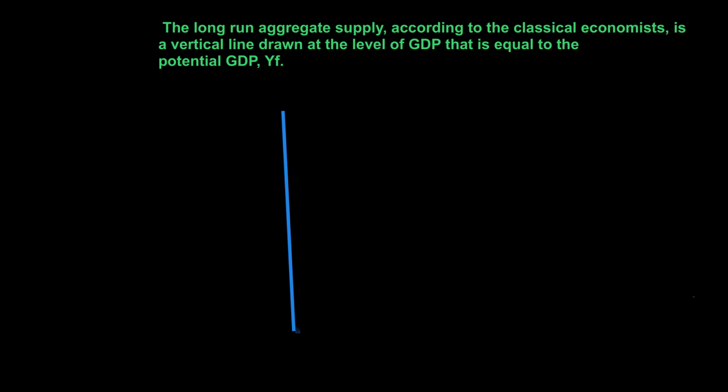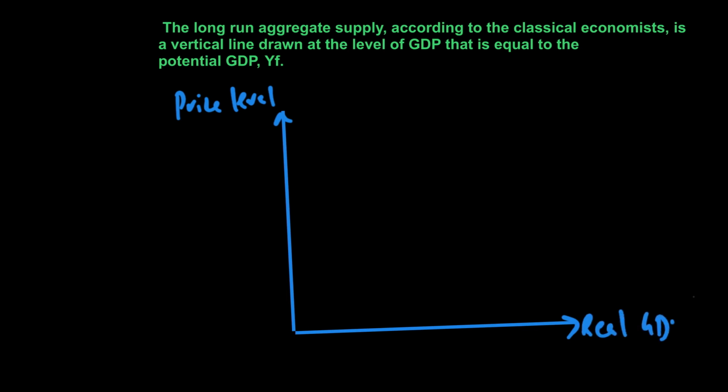So let me draw this curve. We have price level on the y-axis, real GDP on the x-axis, and the classical view about LRAS is something like this, where LRAS is a vertical line which is meeting at YF.